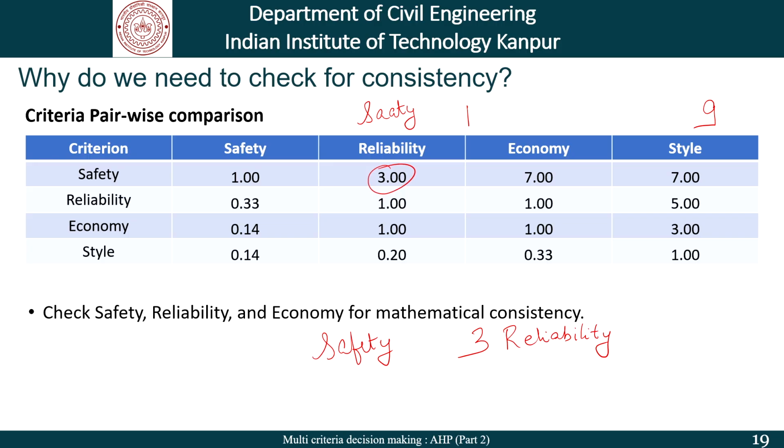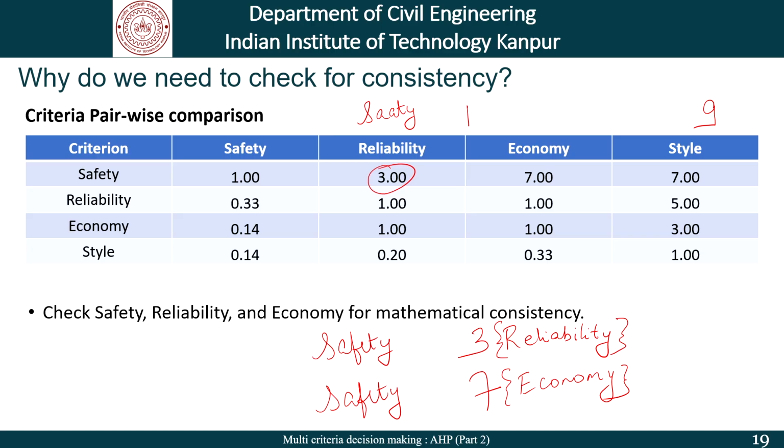So, it is more preferred than reliability. Similarly, when we compare safety with economy, again we had given a score of 7. That is, in comparison to economy, safety had a very high preference.